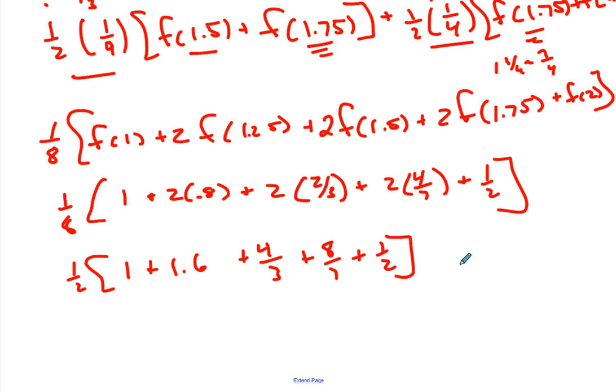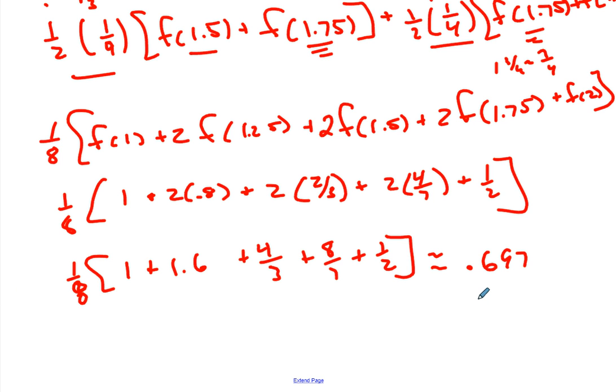Put this in your calculator: 1 plus 1.6 plus 4/3 plus 8/7 plus 1/2, and then multiply that by 1/8. And what you should get is approximately 0.697 to 3 decimal places.